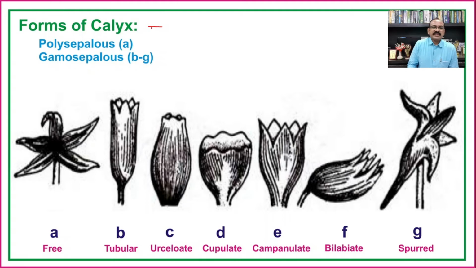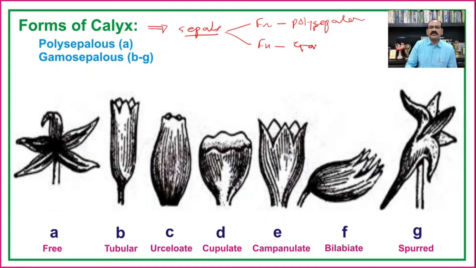This calyx is made up of sepals, and in some flowers the sepals may be free or they may be fused. If the sepals are free, it is known as polysepalous, and if they are fused, then it is gamosepalous.